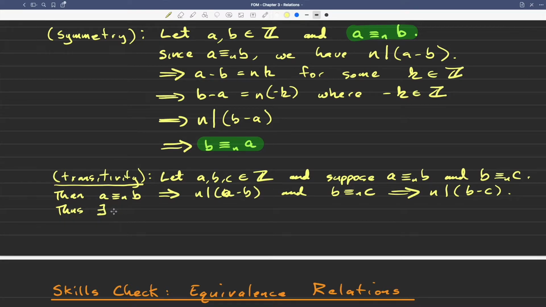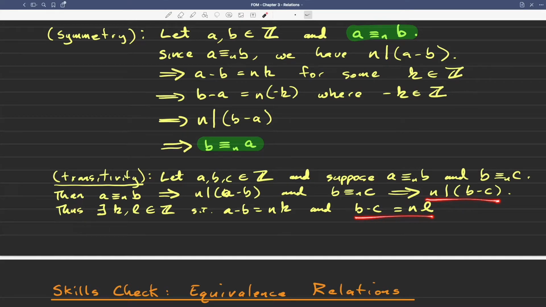Thus, there exist some integers, let's say k and l, such that a minus b can be written as n times k. That's just taking advantage of the definition of divides: if n divides a minus b, that's the same as saying a minus b is a multiple of n. And similarly, b minus c can be written as n times that other integer that I picked, l.